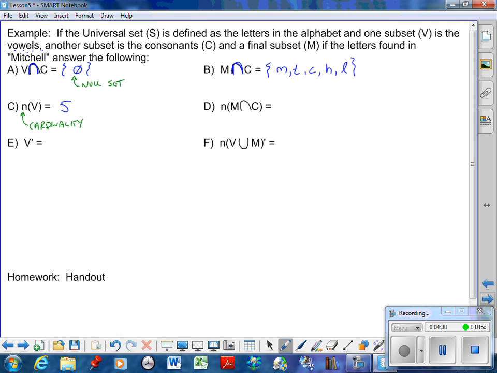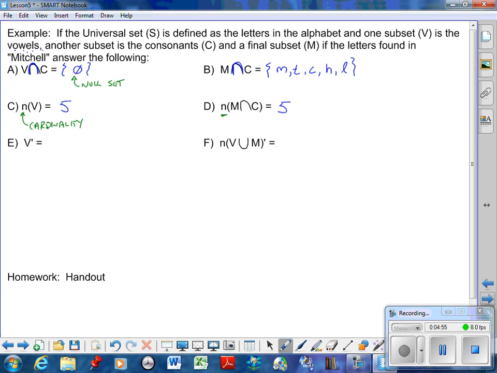Confuses me, so I'm just going to stick with 5. All right, next. Again, cardinality. Okay, that's what that n says. How many terms or how many elements are M intersecting with C? So I've done that above already, and there are 5 elements that overlap between Mitchell and the consonants.